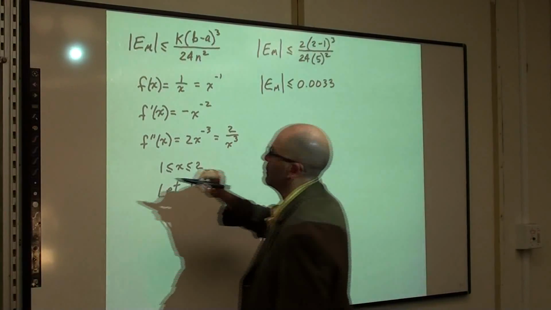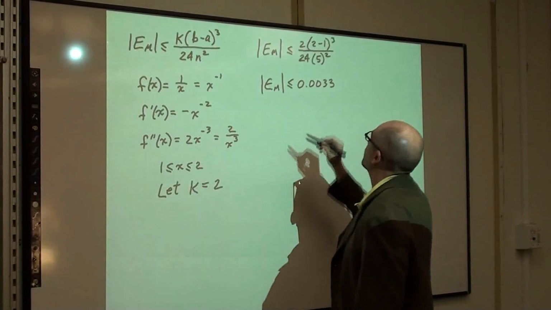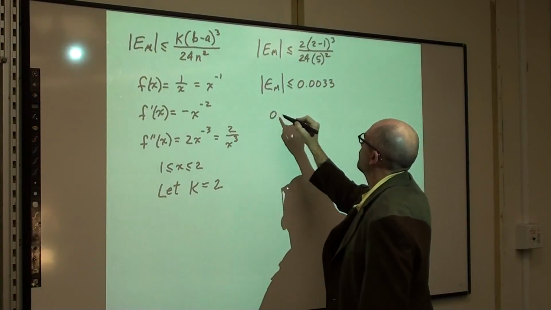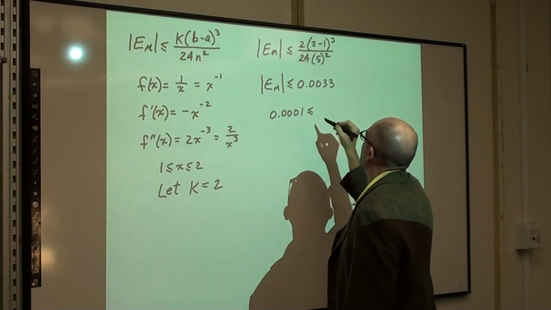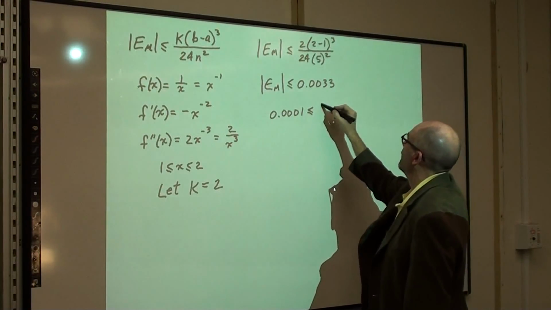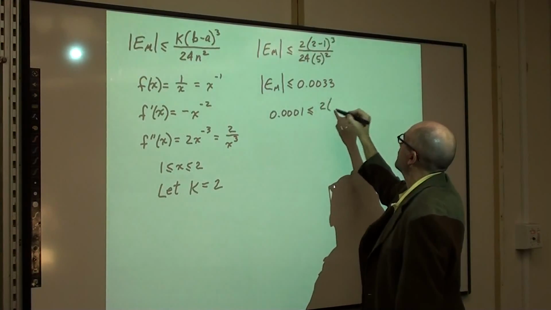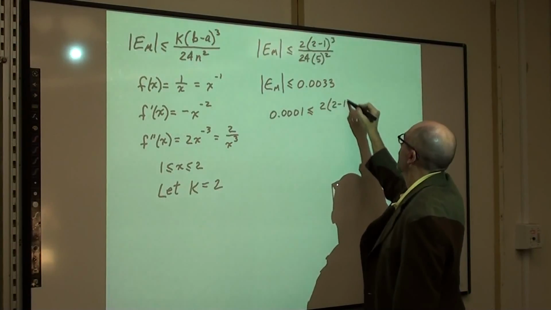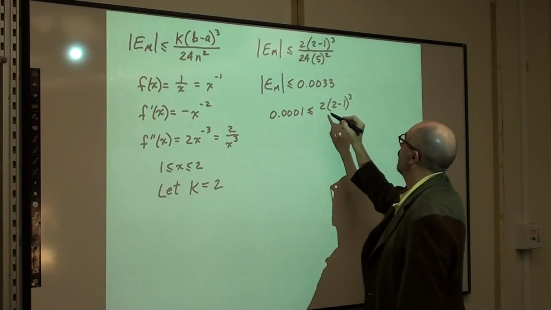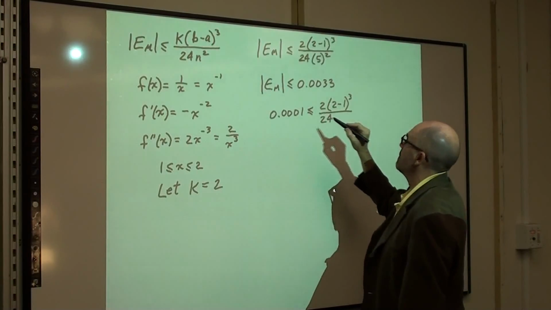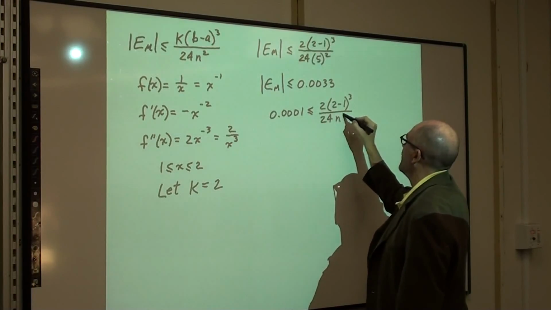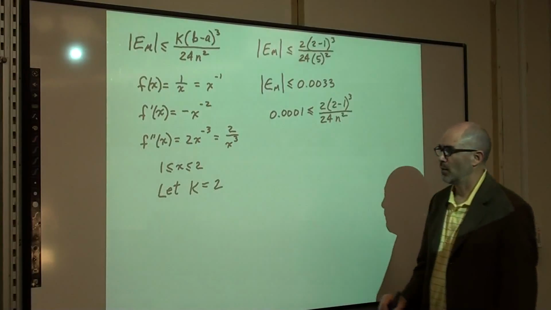So what we're going to do is we're going to say the error, 0.0001, has to be less than or equal to k times b minus a cubed over 24 times n squared. And n is what I don't know.